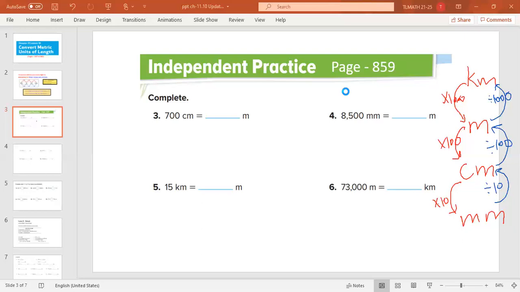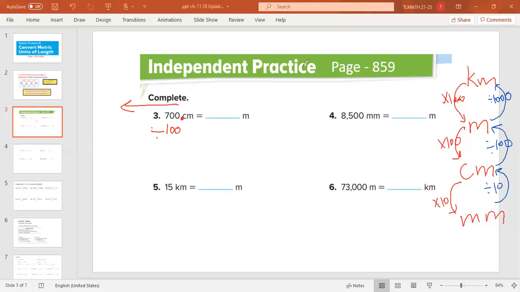So let's do it together. When you divide, you first choose the place of your decimal point, which will be at the end on the right. When I want to divide by a power of 10, I'm going to move my decimal point to the left side, going with the divide.